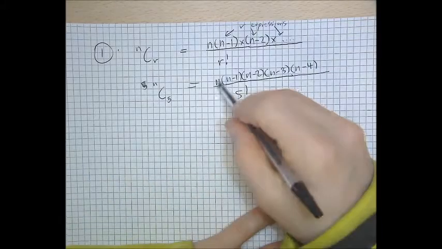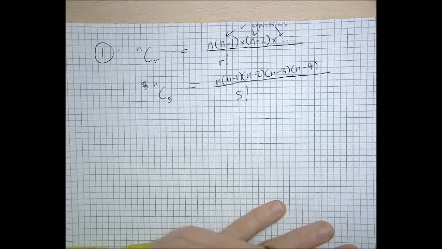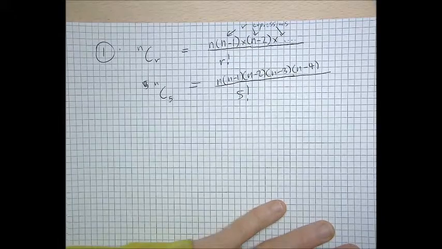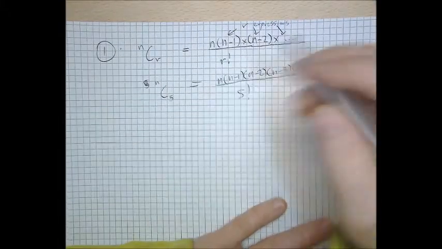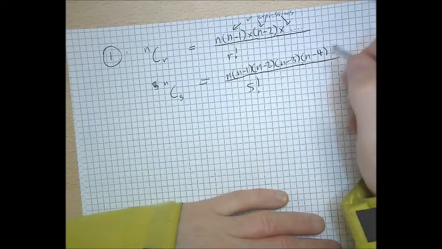Okay, so in other words, keep going until you've got 5 things multiplying by each other. Now, what is 5 with an exclamation mark? It just means 5 times 4 times 3 times 2 times 1.